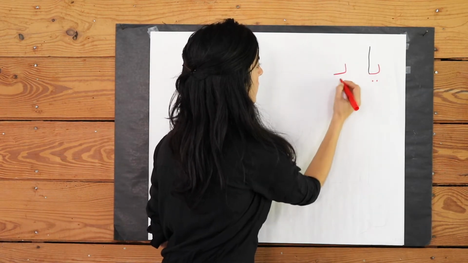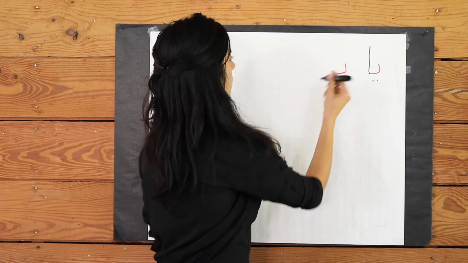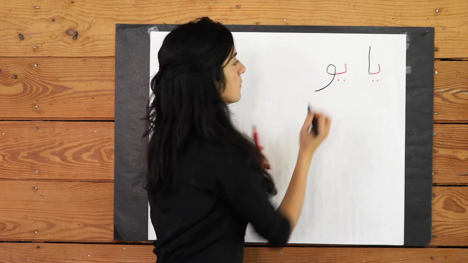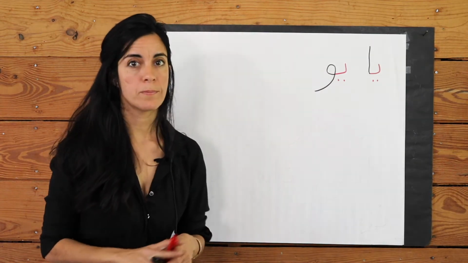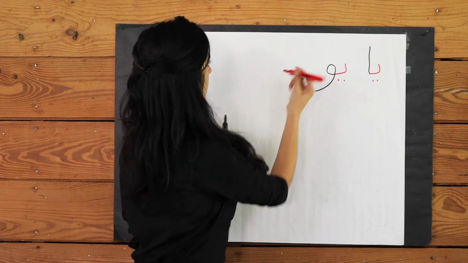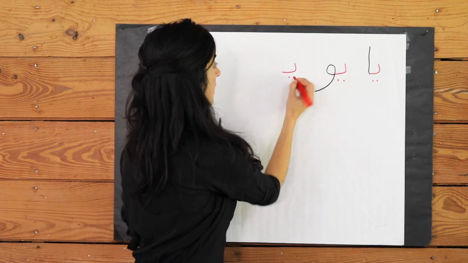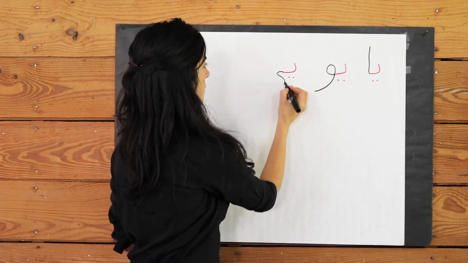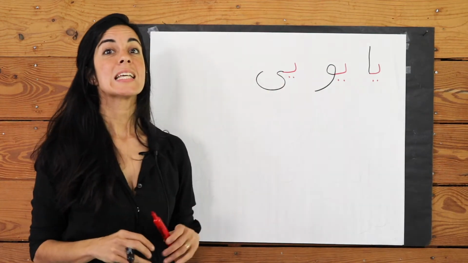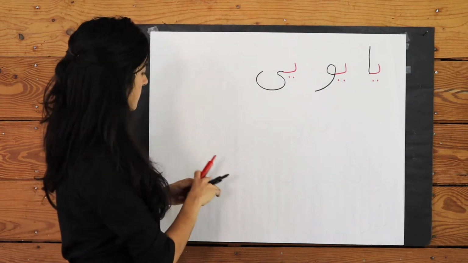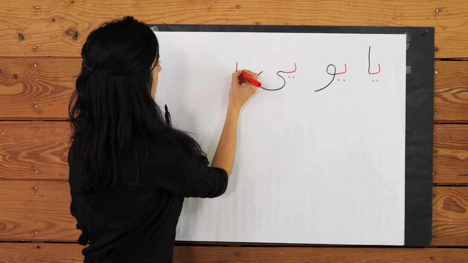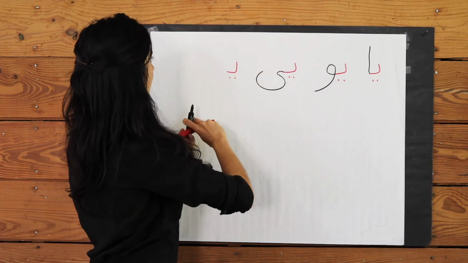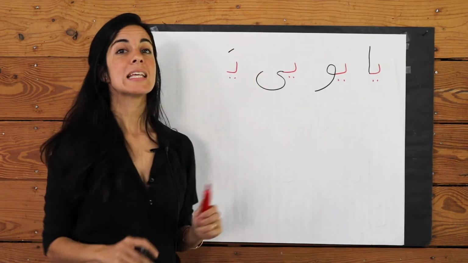A Y with U becomes you. A Y with an E, crazy, becomes ye. A Y with an A becomes ya.